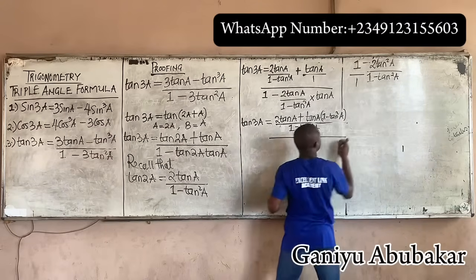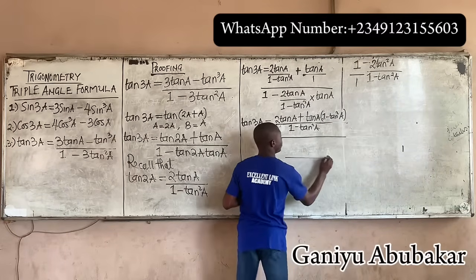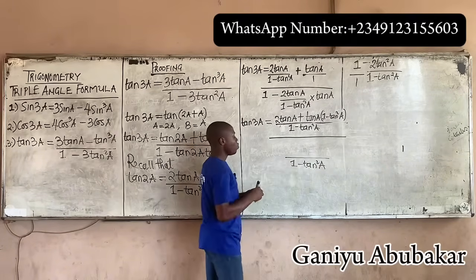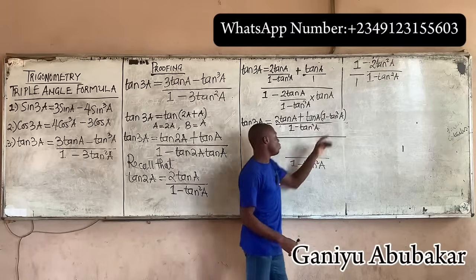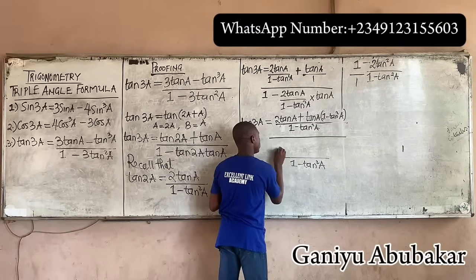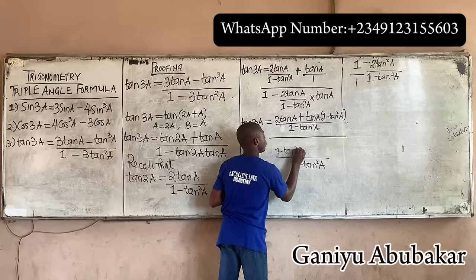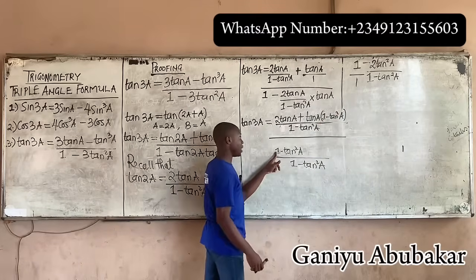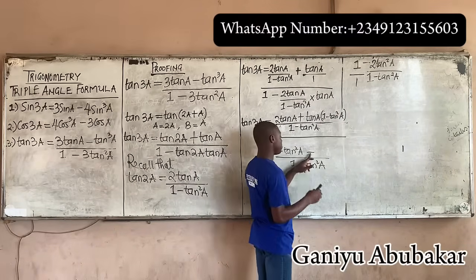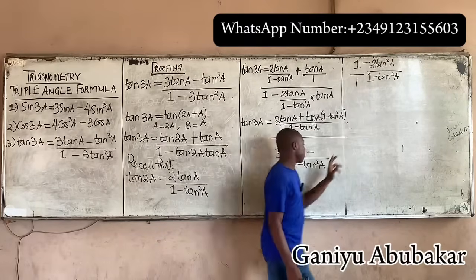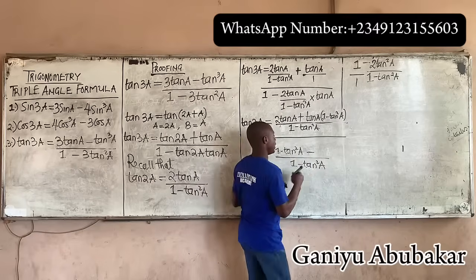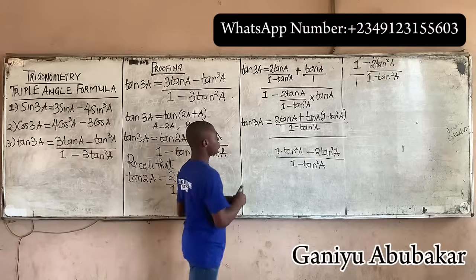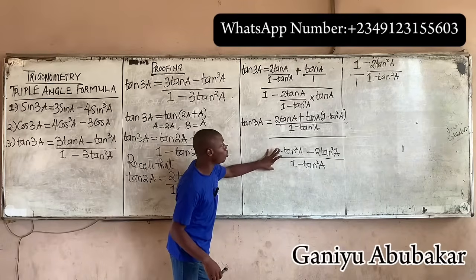Of course, it is 1 minus tan squared a. This 1 divided by 1 is still 1 minus tan squared a. If I divide this by this, multiplied by 1, I'll still have this one here. So minus, this minus is this minus here. Divide this by this is just 1. Then repeat 2 times tan squared a. So I have this. So this is my numerator and denominator.